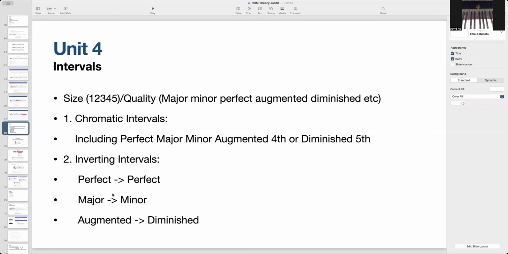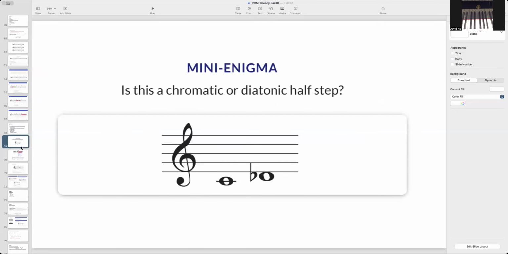So sixth and third, let's say C and E and high C, it's going to be a major third to a minor sixth. The sum together would be 9, right? Augmented and diminished are in a group. So the original one is augmented, and then the inversion is going to be diminished. Okay, that's everything about this one.